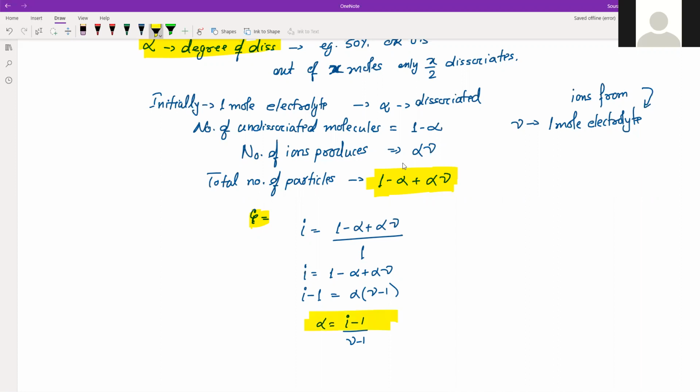This is the relation between the degree of dissociation and i, that is the van 't Hoff factor. This helps us in finding the van 't Hoff factor, and the van 't Hoff factor will help us in finding the actual molecular mass, which in turn depends on colligative properties like depression in freezing point, elevation in boiling point, and relative lowering of vapor pressure.